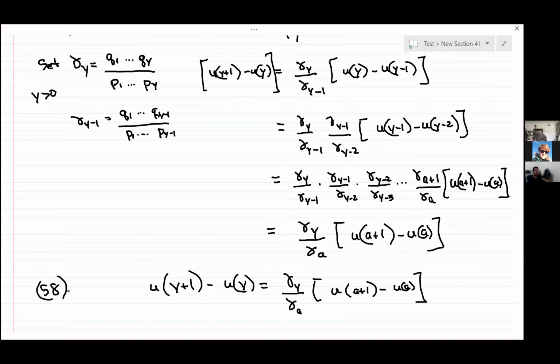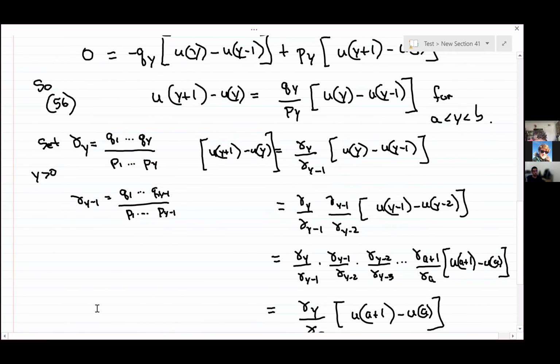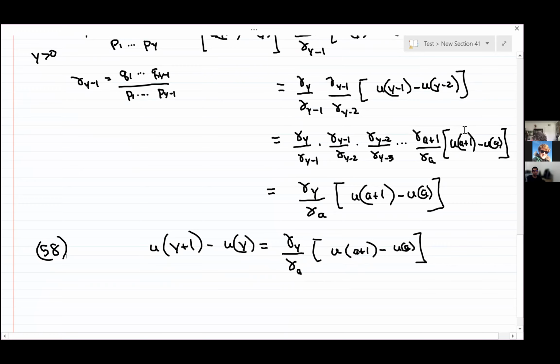Once we get here, what we've assumed throughout was that y was strictly between a and b. But then when they get to 60, they actually say this holds even more generally.